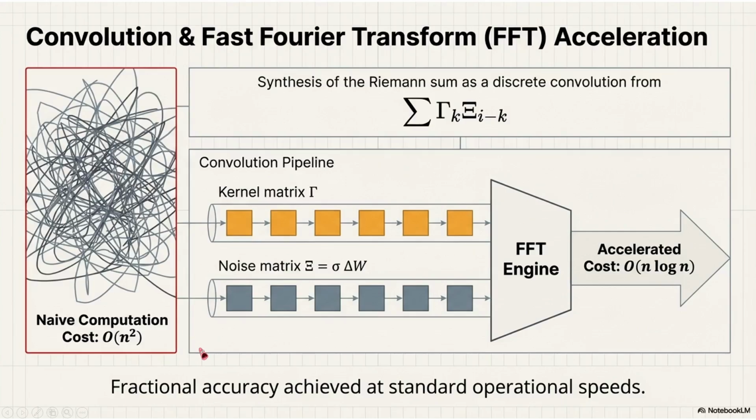The brilliant optimization is noticing that the distant path is structured as a discrete convolution, because it is essentially a matrix of kernel memory weights over a matrix of random noise. By passing this convolution pipeline through a fast Fourier transform engine, we drastically accelerate the simulation, with a cost of n log n.